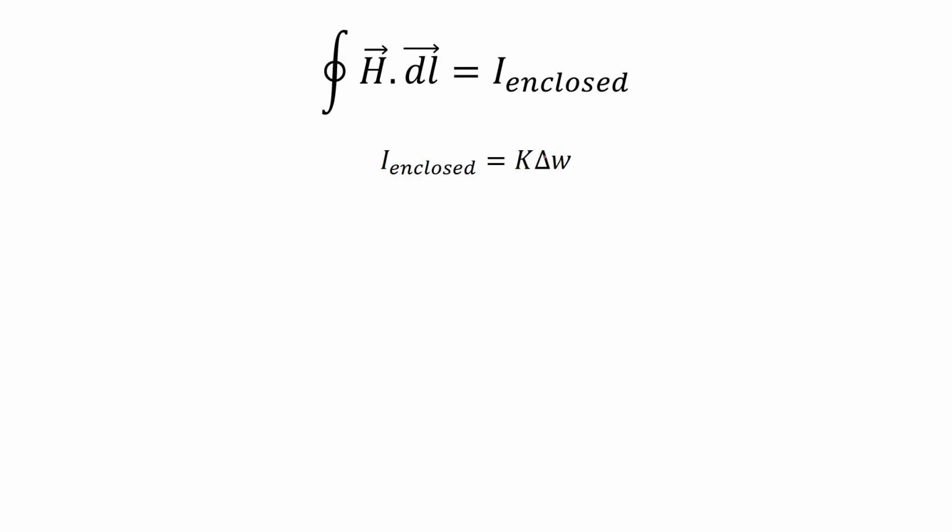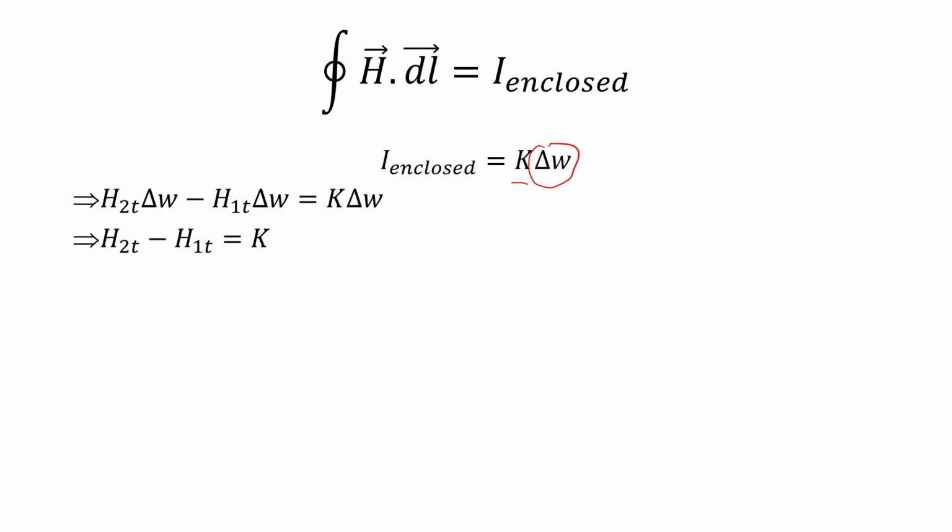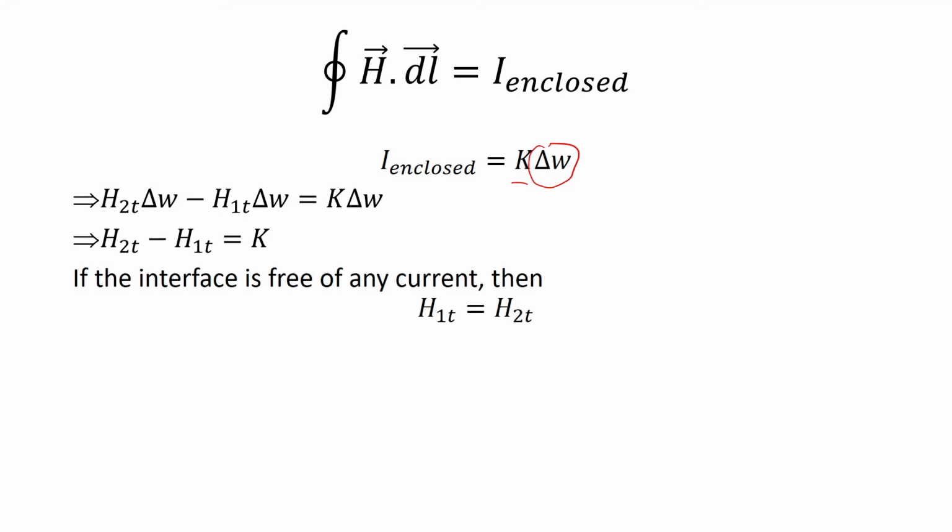So the current enclosed would be delta W times K. But if we assume that at the interface we don't have any free current, then K equals 0, and I can write that H1t is equal to H2t.